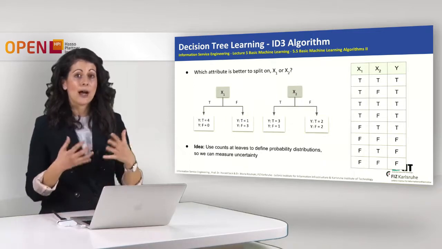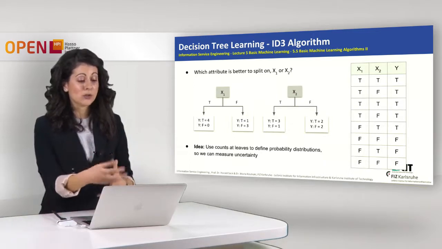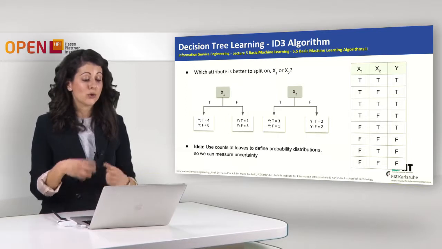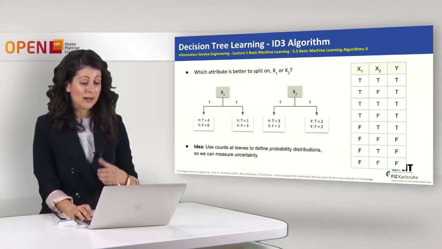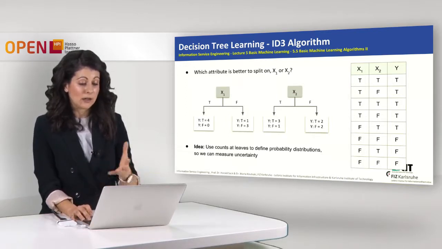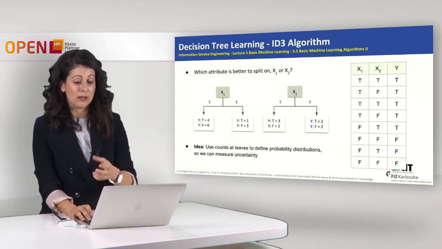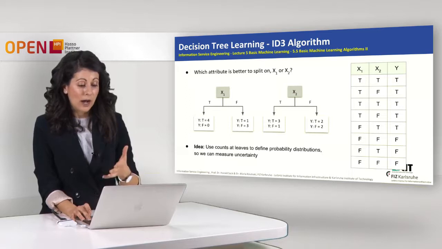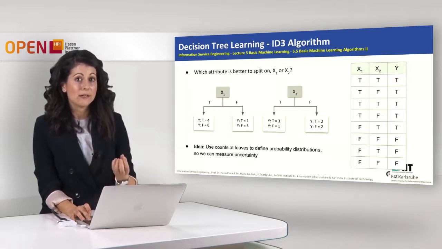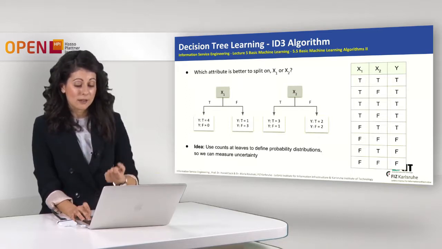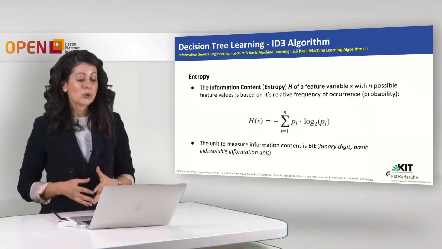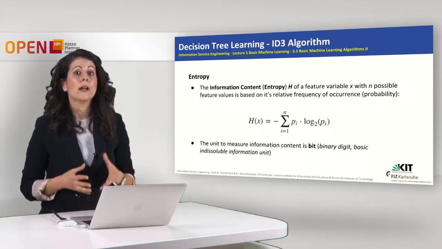So let's see how we apply this idea of counts in the leaf nodes, of how the features will affect y. To count this information and make it real so that we can really make a decision about it, we are going to use the information content or entropy.